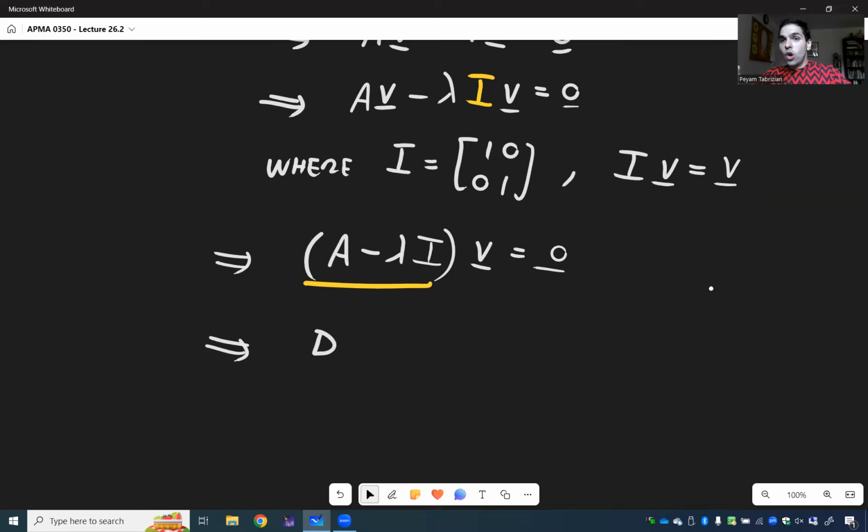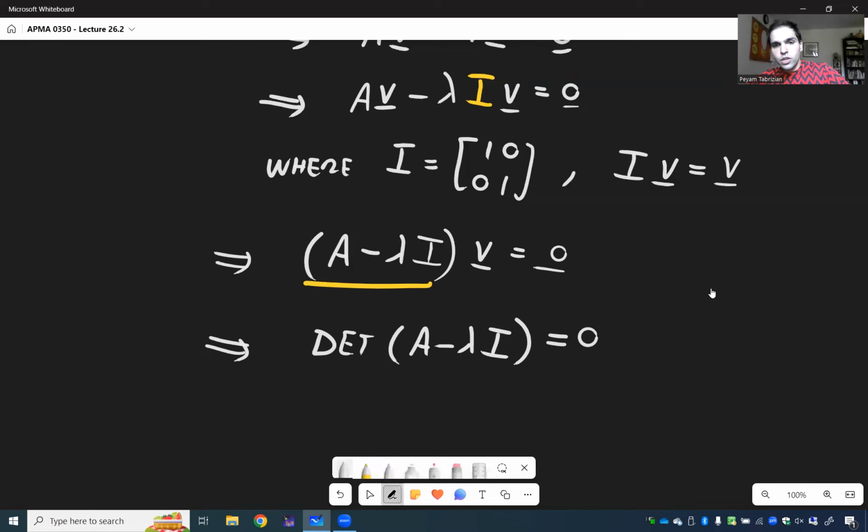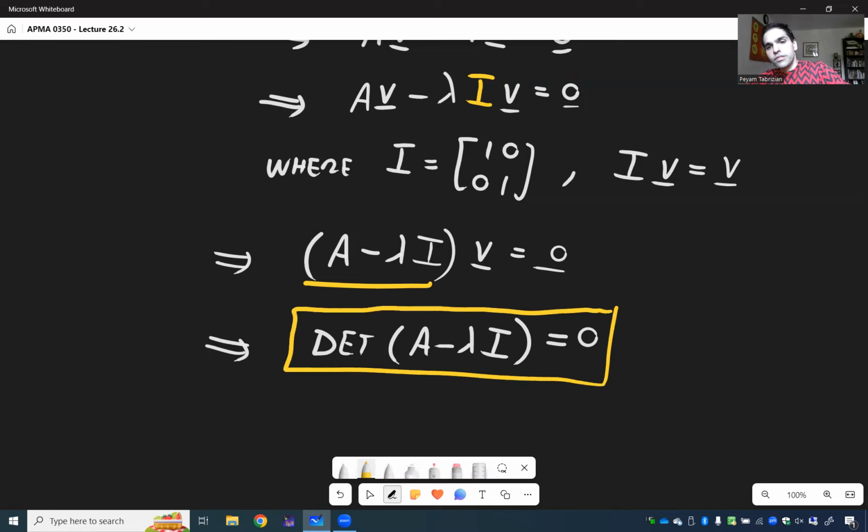So I did cover a whole month of linear algebra in this sentence. So if you haven't taken it and feel overwhelmed, it's completely normal. But in the end, we then get the determinant of A minus lambda I equals 0. And that is our eigenvalue equation.